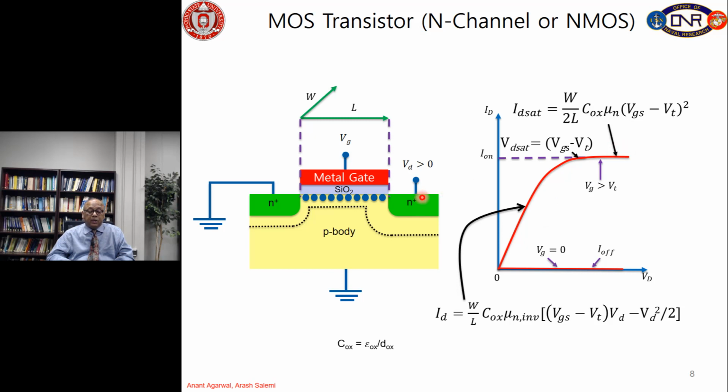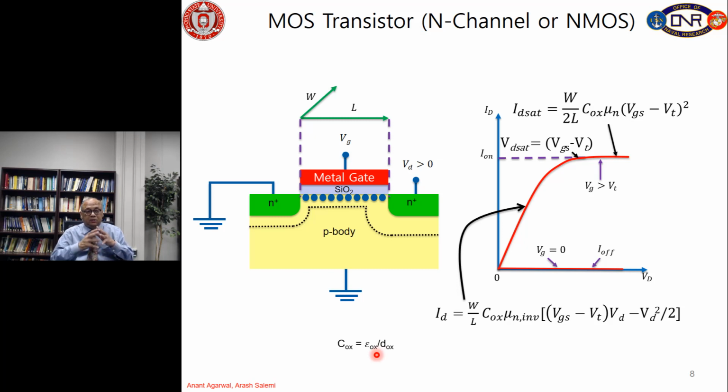and they saturate because after a while all the electrons that are present here contribute to the current. So, without going into too much physics of this, we can represent the straight line, or this is called the linear operation, and this is called the saturation operation. For linear operation, we can show that the current is proportional to W over L times the oxide capacitance, which is given by epsilon ox over d ox.